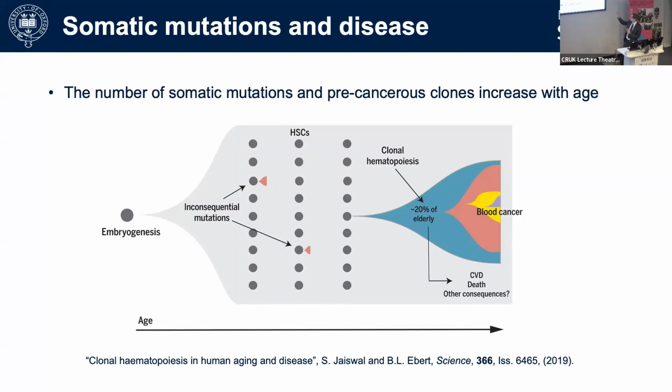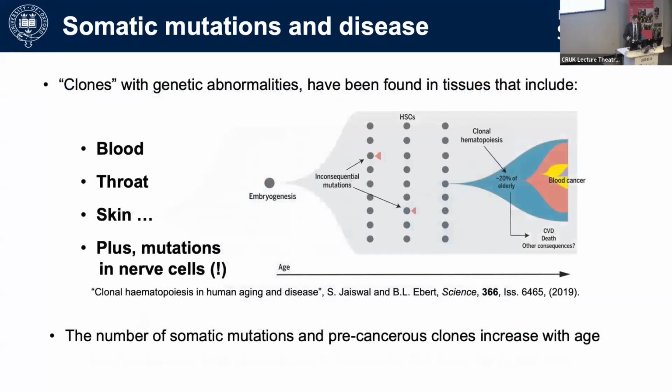Some of them can be precancerous, but they're generally harmless. And everywhere that people have tended to look so far, similar things have been found. If you look at the tissues in the throat, in the skin, I mean, the skin is a lovely example. Many of us will have moles on our skin. As we get older, we typically get more of them.